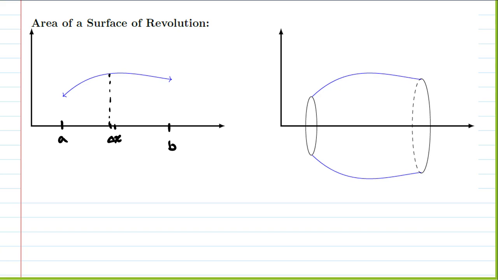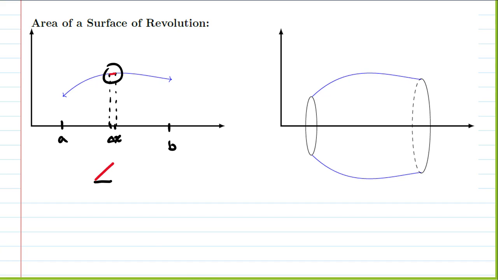So imagine now we have some little region, delta x, and we take a little rectangle or a finite strip, and we want to find the surface area of the little piece that's right here. Well, in the last section, we came up with the following.